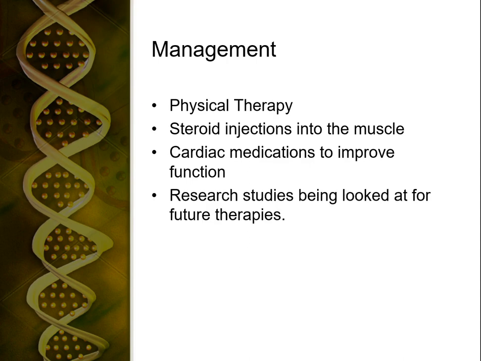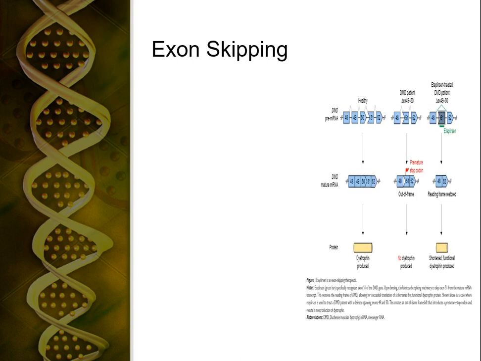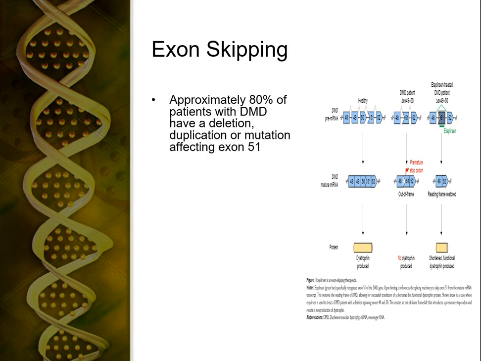However, research is looking at future therapies, and a lot of future therapies are already here now. Something called exon skipping is a method to try to restore some protein function. Approximately 80% of patients with Duchenne's muscular dystrophy have a deletion, duplication, or mutation affecting exon 51. This is a real hot spot here.